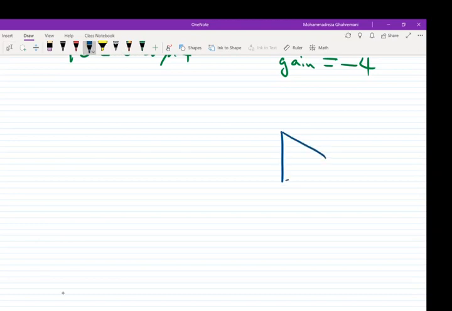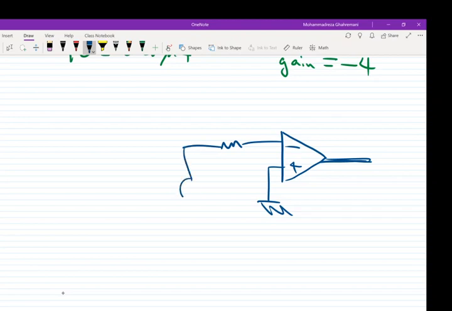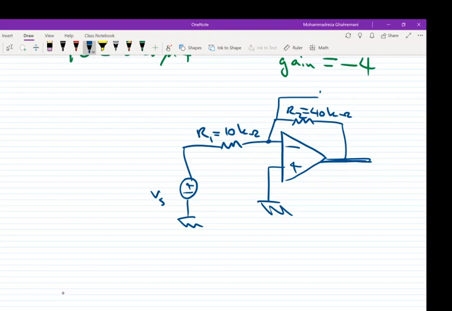Let's build this circuit, for example, in the lab. If we build this circuit in the lab, we need to have an op amp and use this configuration to have a low pass filter with the cutoff frequency of 100 radian per second, and gain of negative 4.